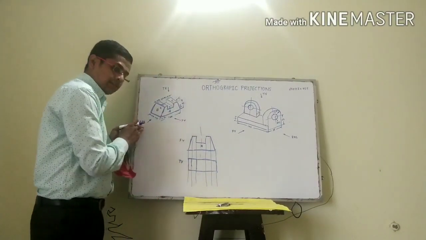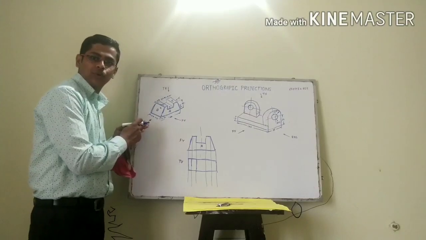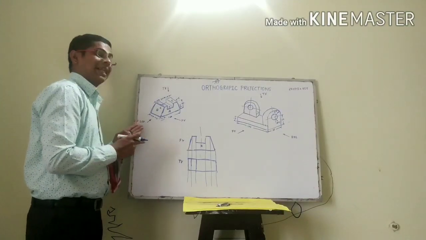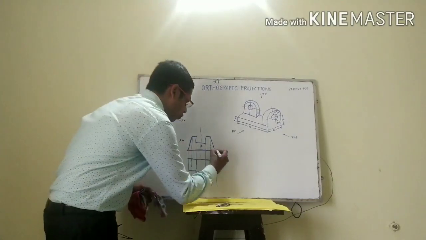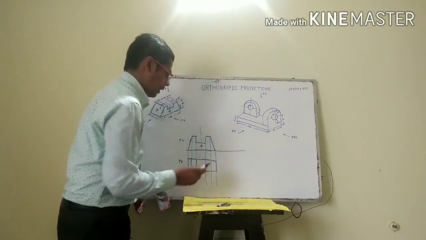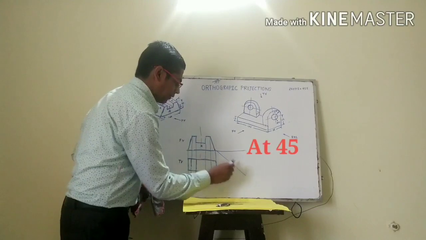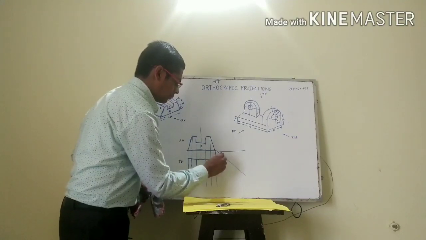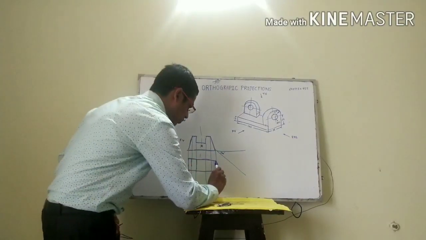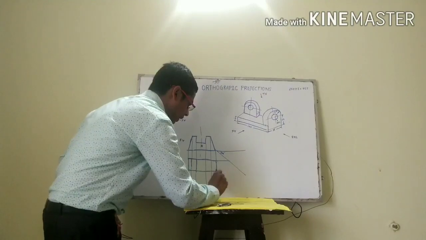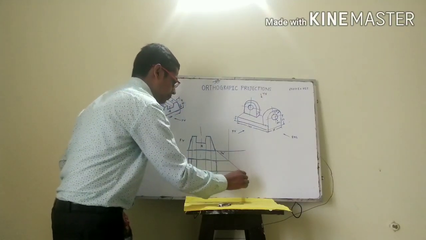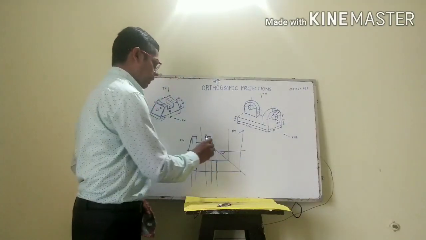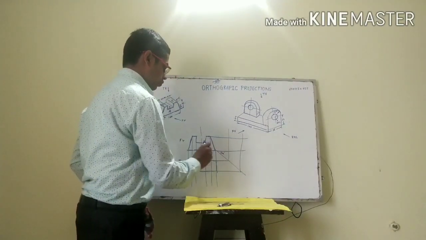Now they have asked for a left side view. If they ask for left side view, we have to draw that on the right side. So I will extend here and draw one 45-degree line. Then I will take projections from here as well as from here and project it up. Similarly, I will take projections from this side also.